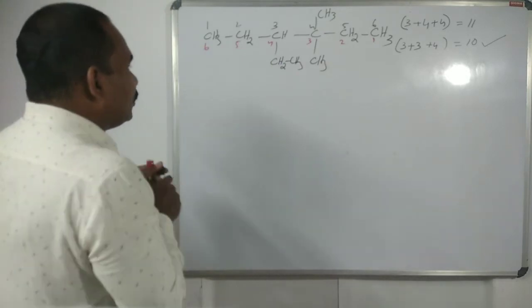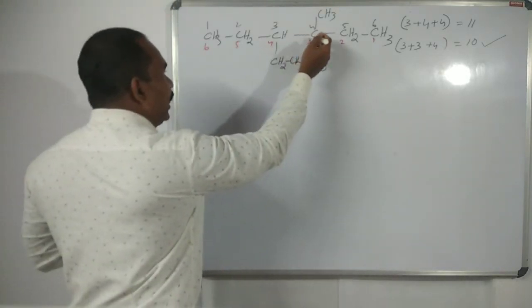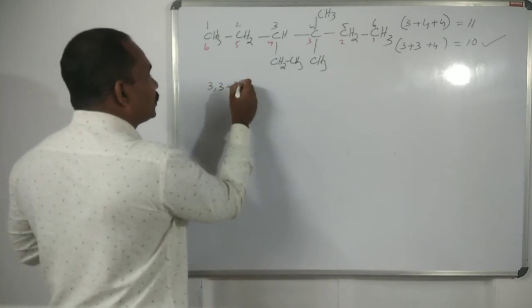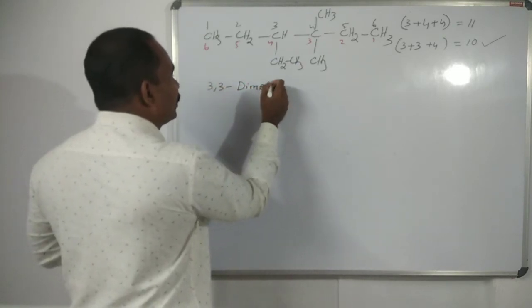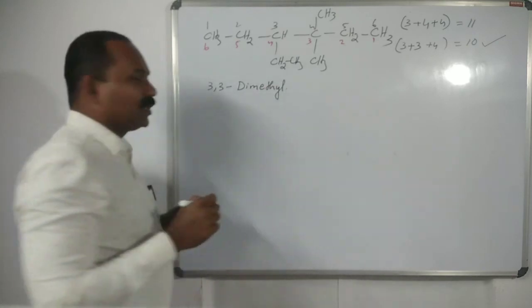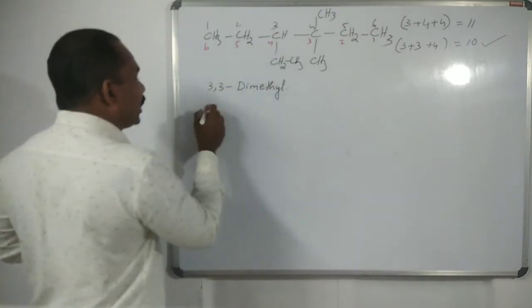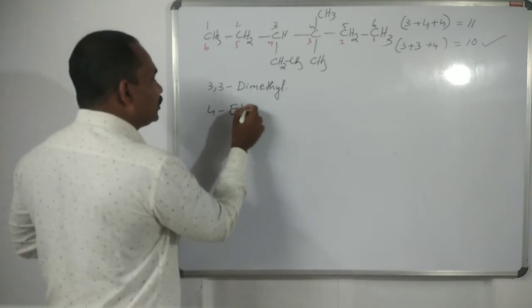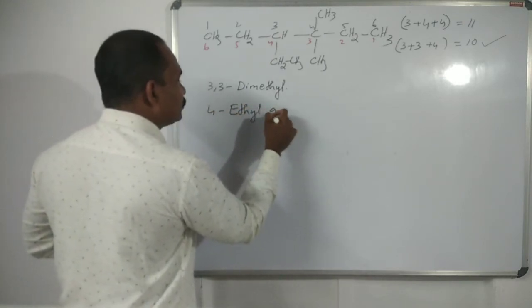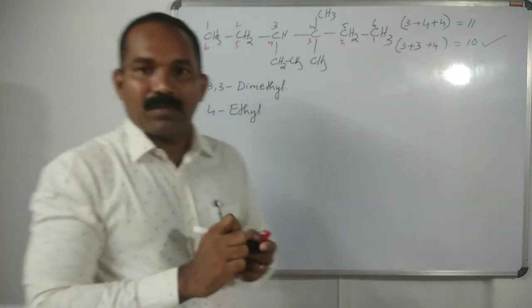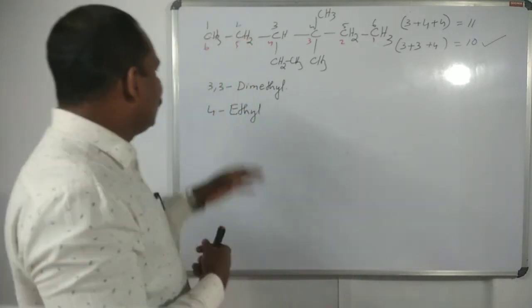Then here the third carbon contains dimethyl groups. So 3,3-dimethyl. Fourth carbon having ethyl group. Are you clear?